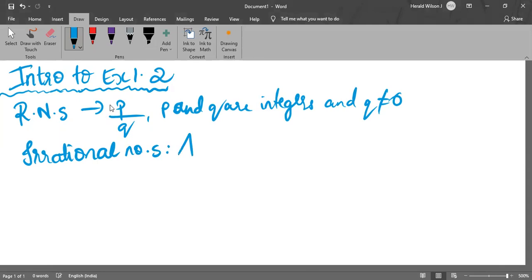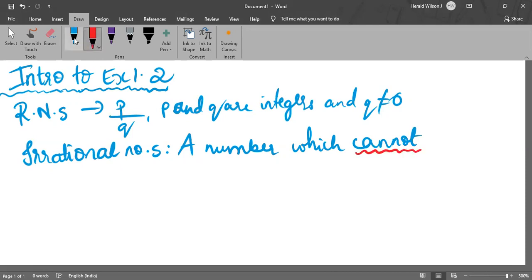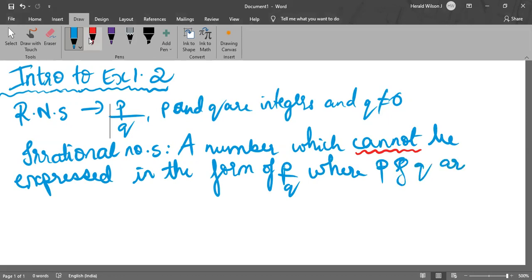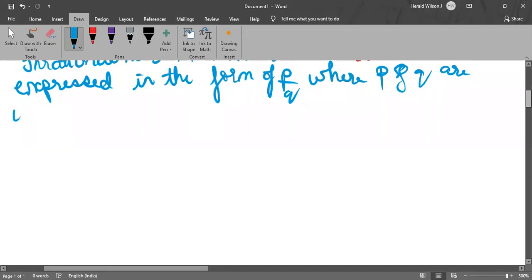So, in definition format, a number which cannot, and the key word here is cannot, be expressed in the form p by q, where, of course, the same line which we wrote here, p and q are integers and q does not equal 0. So, numbers which are not rational are called irrational numbers.